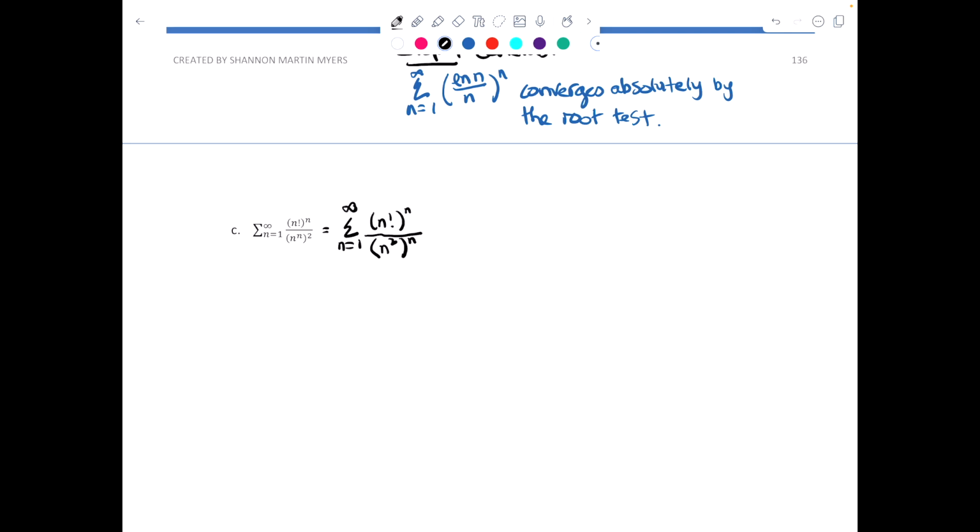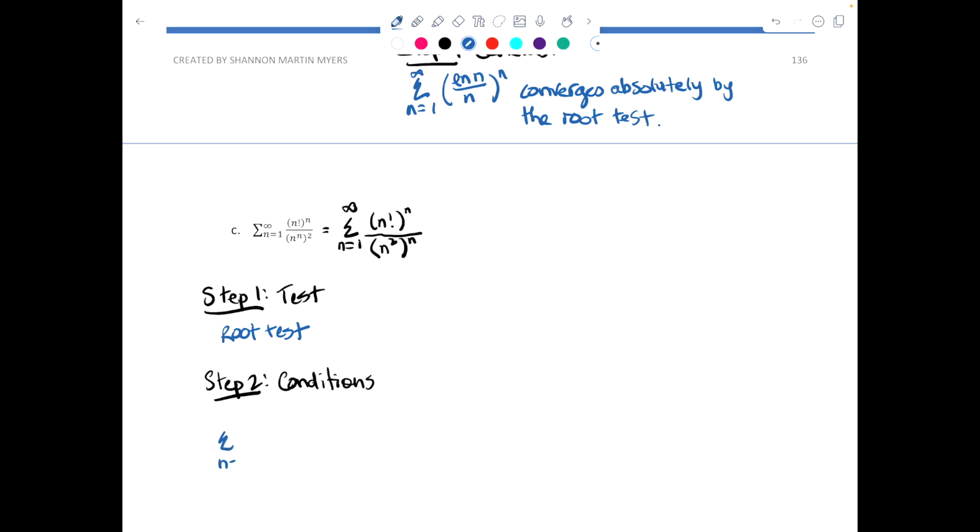And so our first step is to determine which test, and we'll be using our root test. Conditions, you just need to have a series.